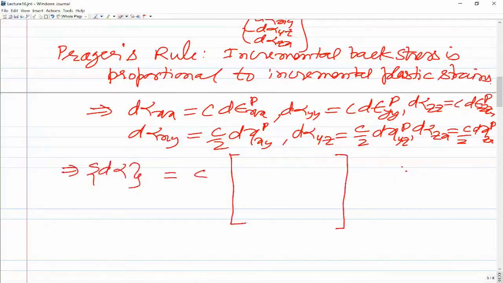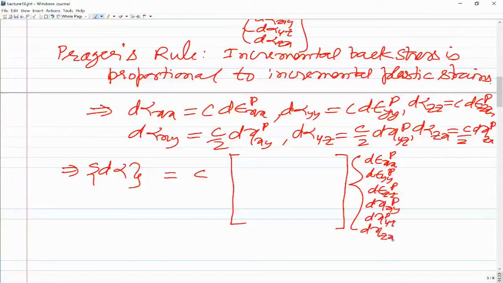So the diagonal matrix is B, and this vector is d of epsilon xxp, d of epsilon yyp, d of epsilon zzp, d of gamma xyp, d of gamma yzp, d of gamma zxp. So this is in between. Here we have a diagonal matrix.